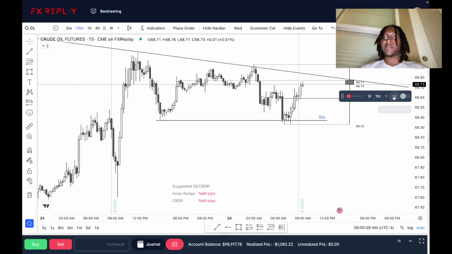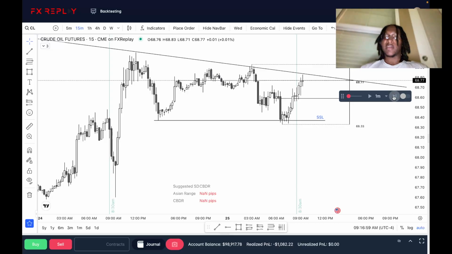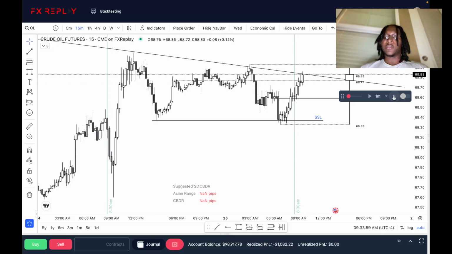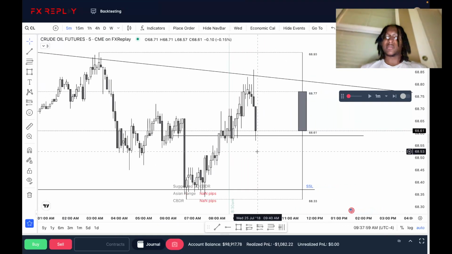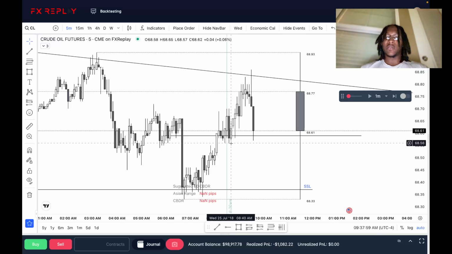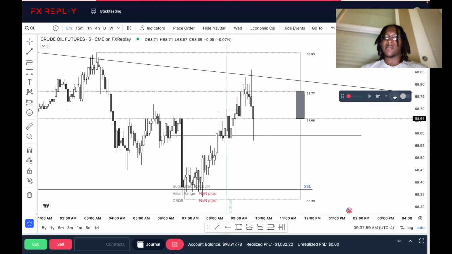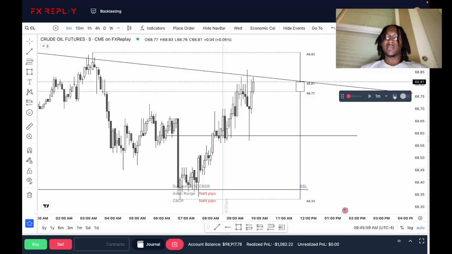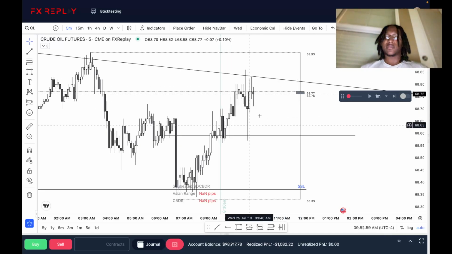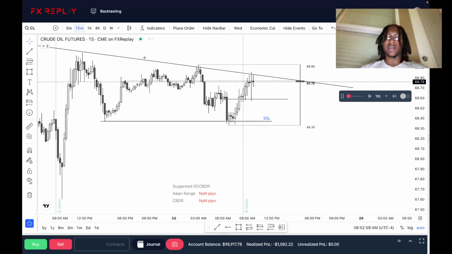This is 9 a.m. This is 9:15. 9:30 opens. Trades lower. Taps the order block. 15 minutes. Tap the order block. Let's see if we get a run below the floor here. We got it. We tap that order block and it just stays higher. Everybody got to keep price higher.